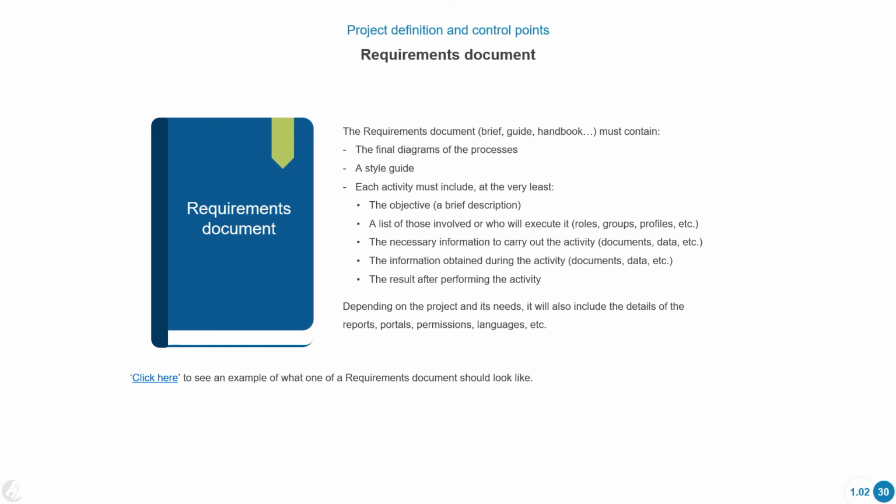So in order to carry out this activity: a brief description, who's going to be involved, what they have to see, what they need to input, and what would be the result, or what's going to happen after performing that activity. Maybe after that there's a decision where the flow is going to go in one or two or three different directions, depending on what this performer inputs into the system. So we also have to know what's going to happen after that.